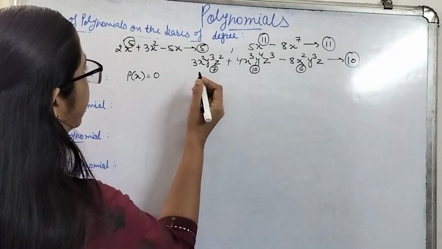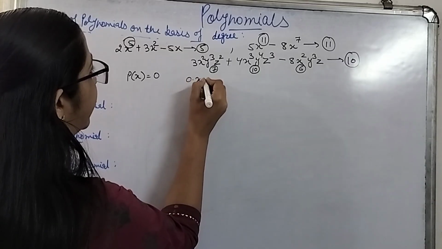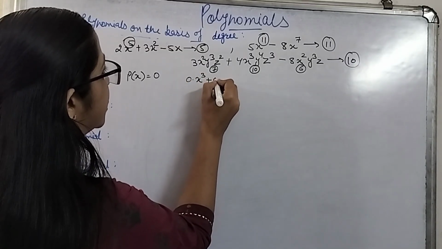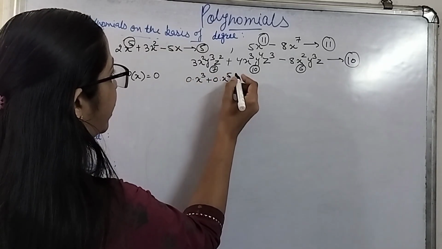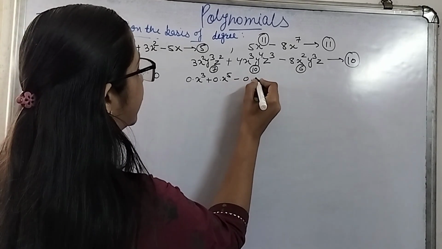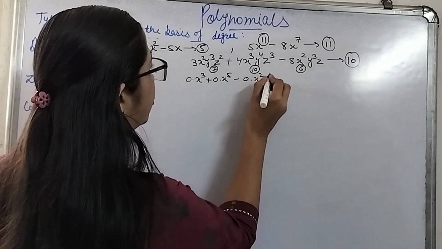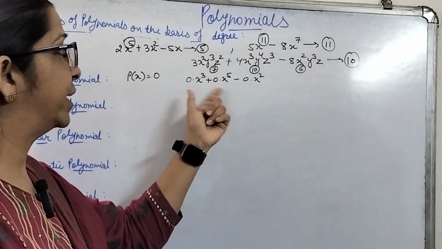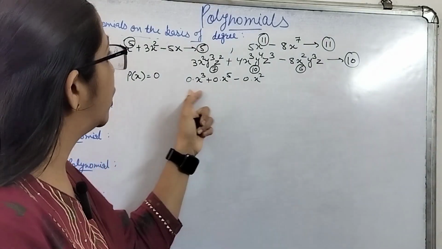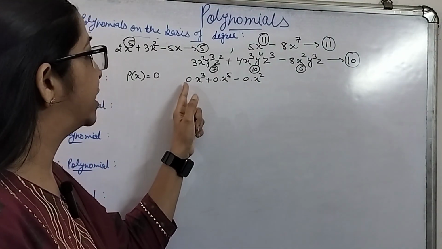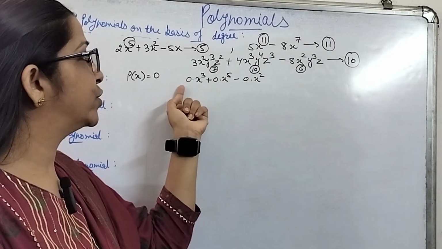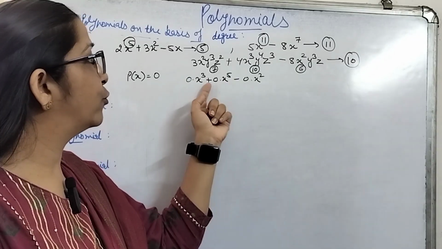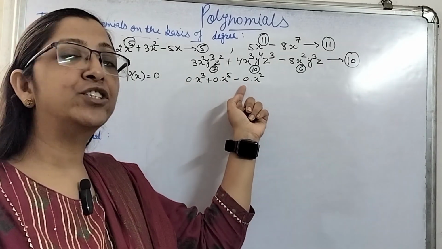Like, if I take an example, 0 multiplied by x^3 + 0 multiplied by x^5 - 0 multiplied by x^2. If this is the polynomial, here three terms are there, but in all three terms the coefficient is 0. For x^3 the coefficient is 0, for x^5 the coefficient is 0, for x^2 the coefficient is 0.